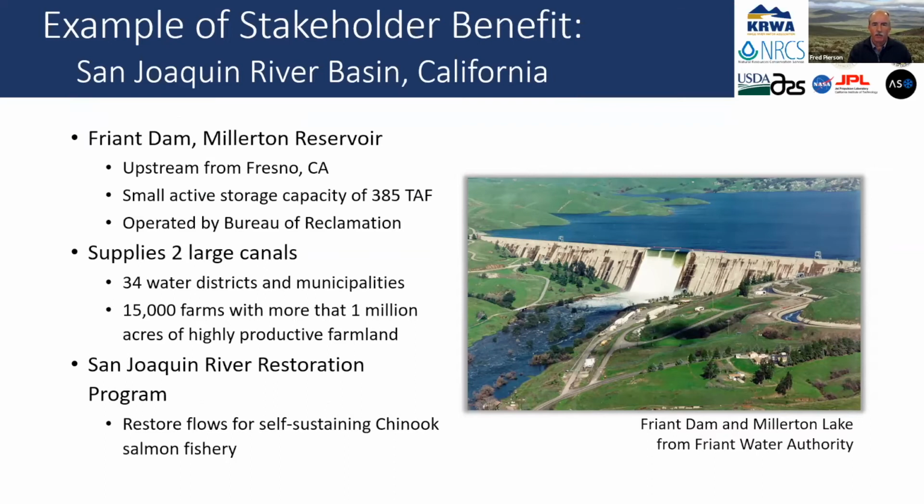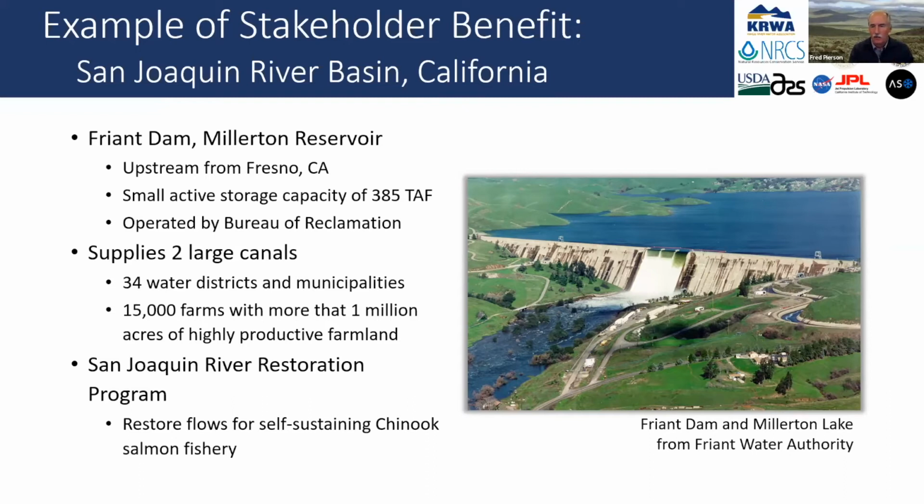The San Joaquin River itself comes out of the mountains and comes down into a reservoir called the Millerton Reservoir, and it feeds into two very large canals and out to 34 water districts and municipalities and 15,000 farms. So this water touches many downstream, right?